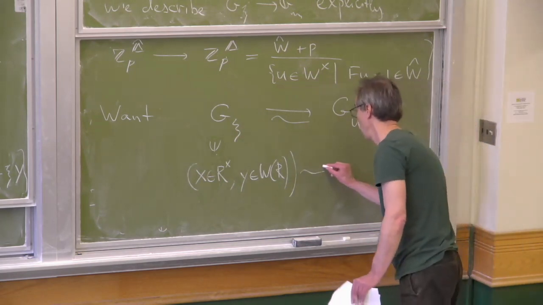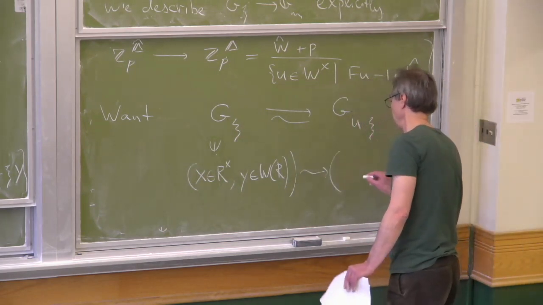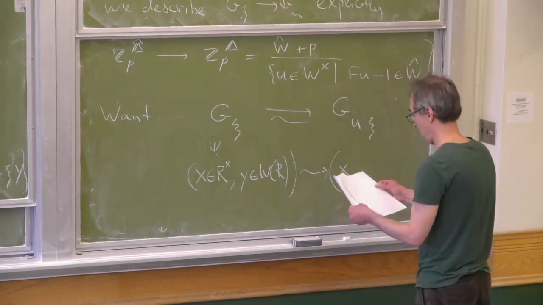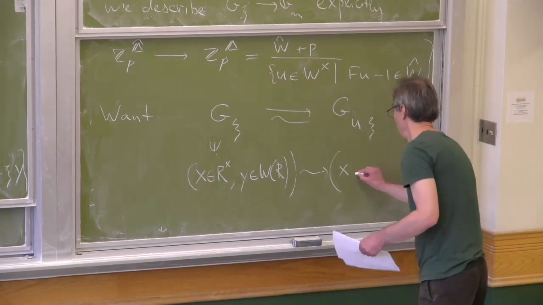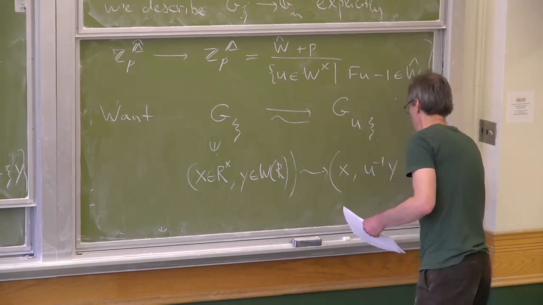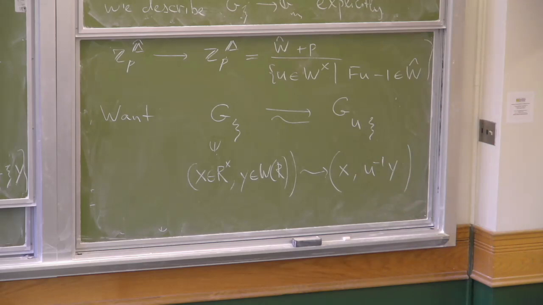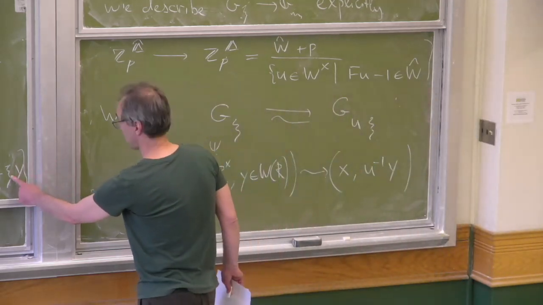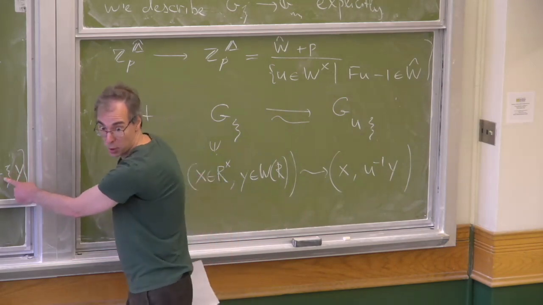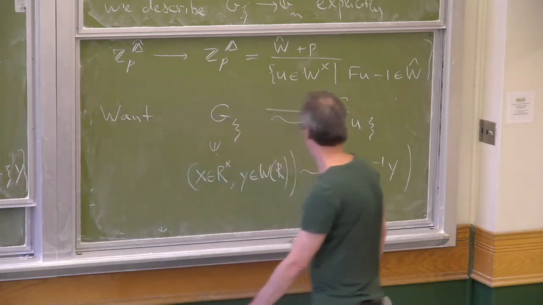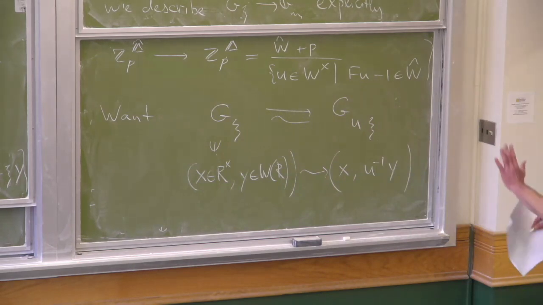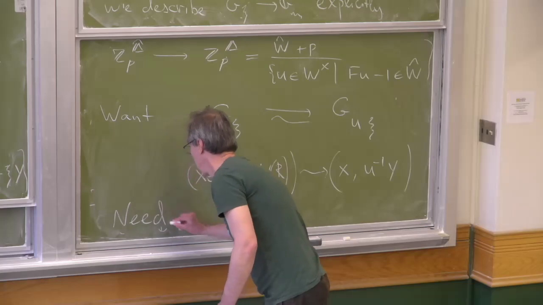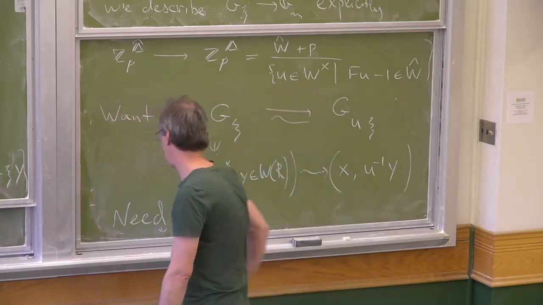We can send it to X and then U inverse times Y. If my equation is the same equation except that C is replaced by C times U, the only thing to check here is that this condition is still satisfied.